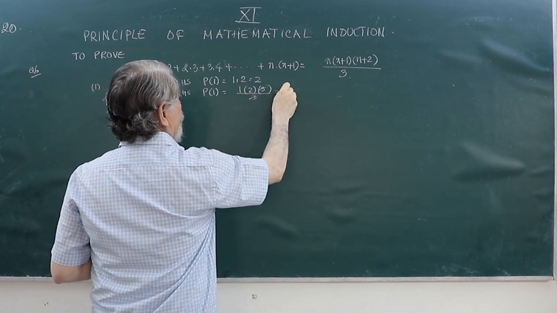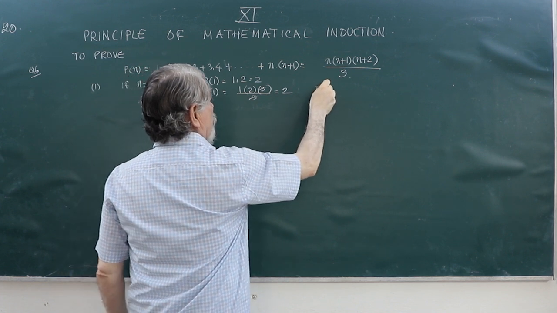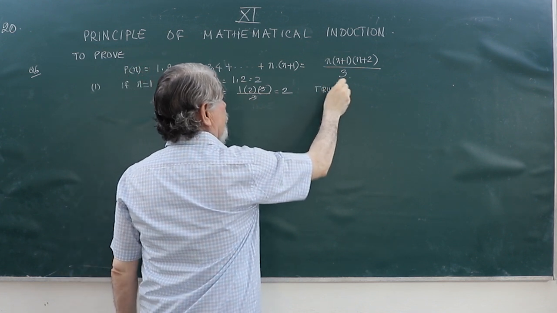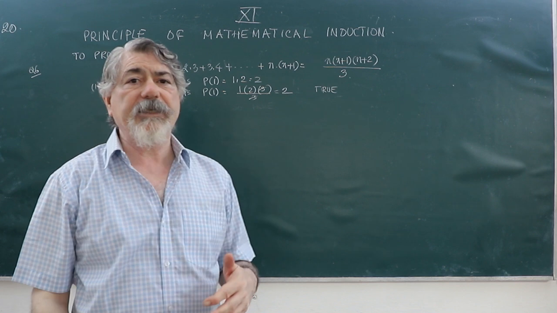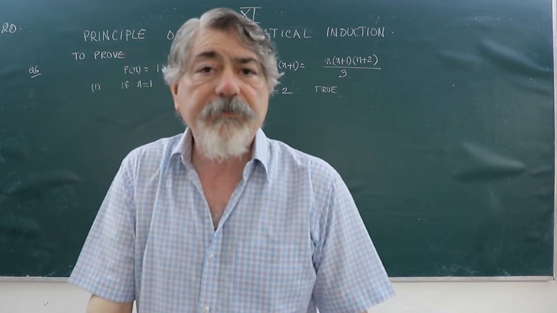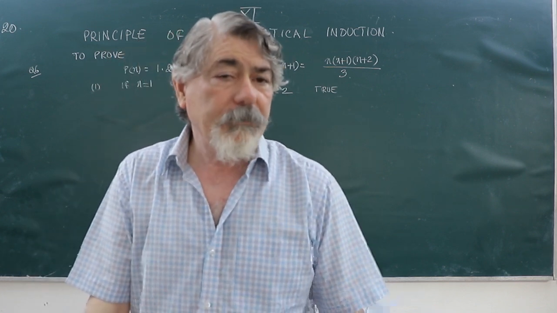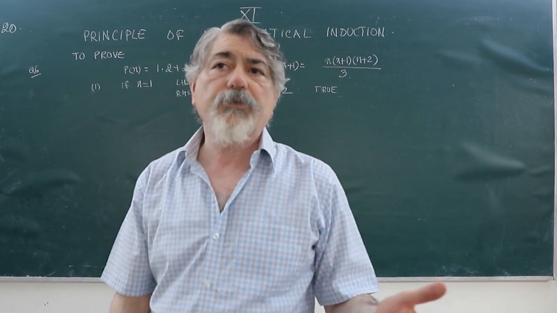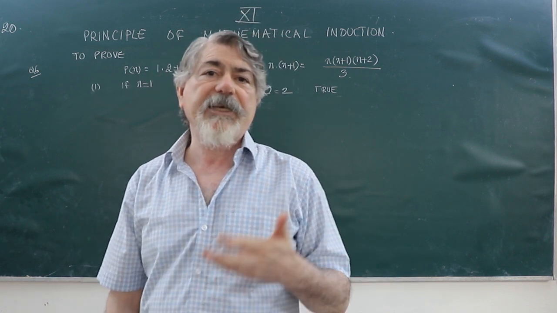So 3 will cancel, 1 into 2 is 2. So true. Left hand side is equal to right hand side. So this mathematical statement is true for the value n is equal to 1. But it doesn't prove anything because it may be true for n is equal to 1. What about the remaining numbers?